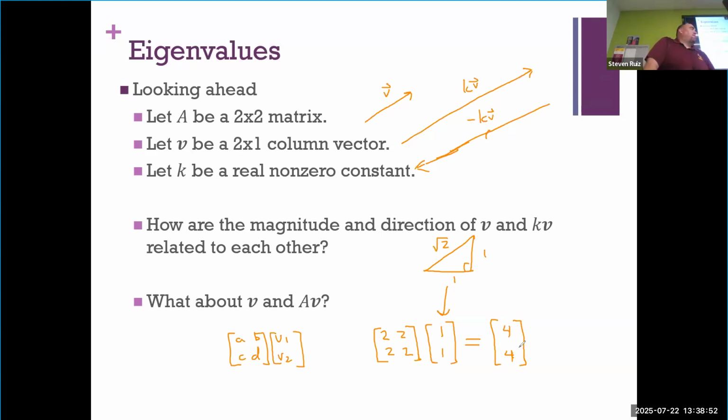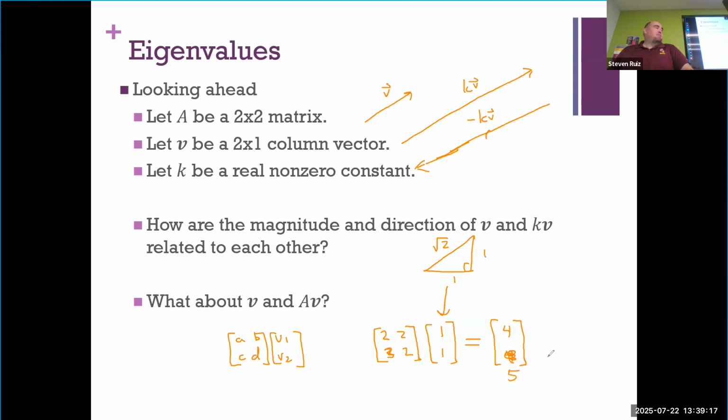Is the direction the same? Going up 1 and right 1 and doing that 4 times in a row is going to put you on the same heading. So what if I change this matrix by a little bit? What if I put that number as a 3? Then what's the result going to be? 4, 5.